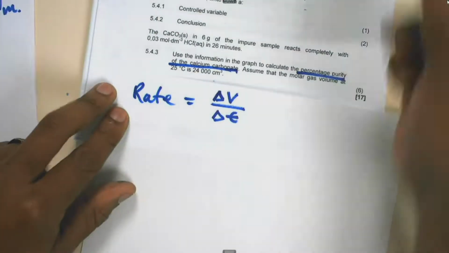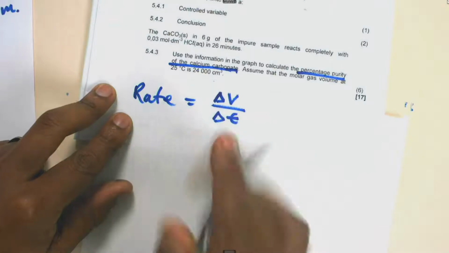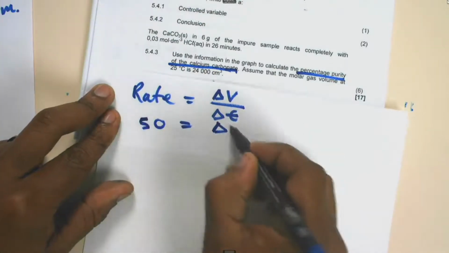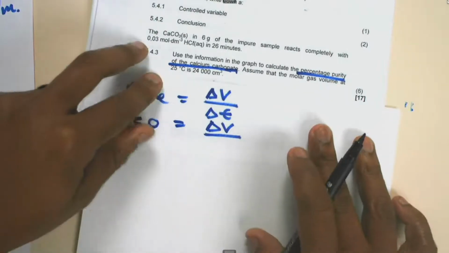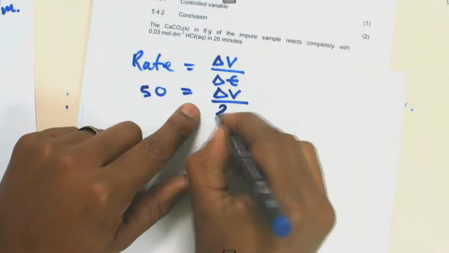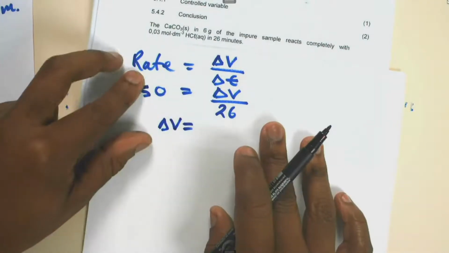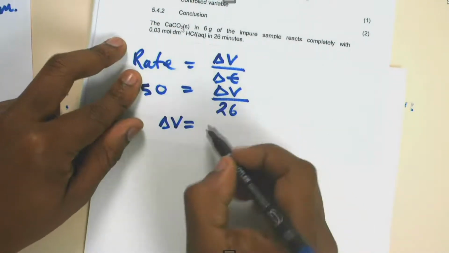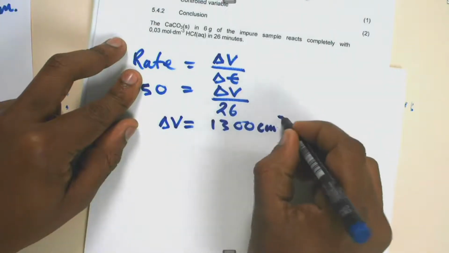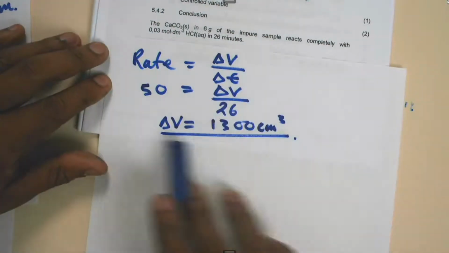We are told that the average rate is 50 centimeter cubed per minute, so we'll substitute our 50. Then V here will be what? It took 26 minutes, so we'll have our 26 minutes, and then I will have my changing V as something like 1300 centimeter cubed. Now somebody will ask, but why this?